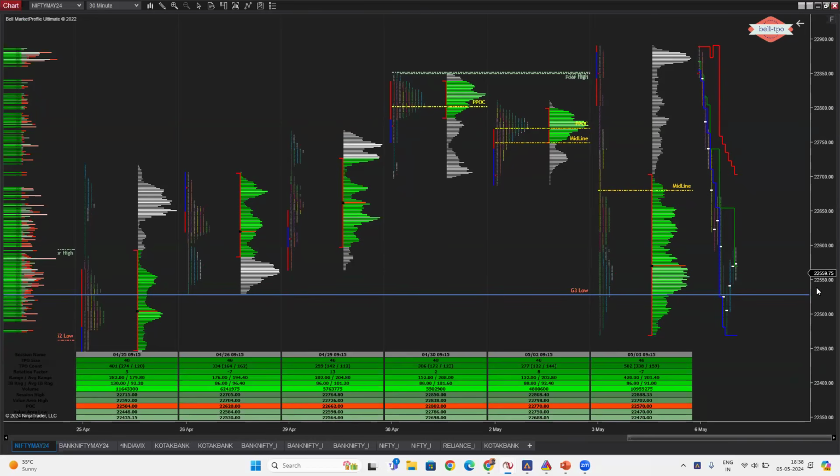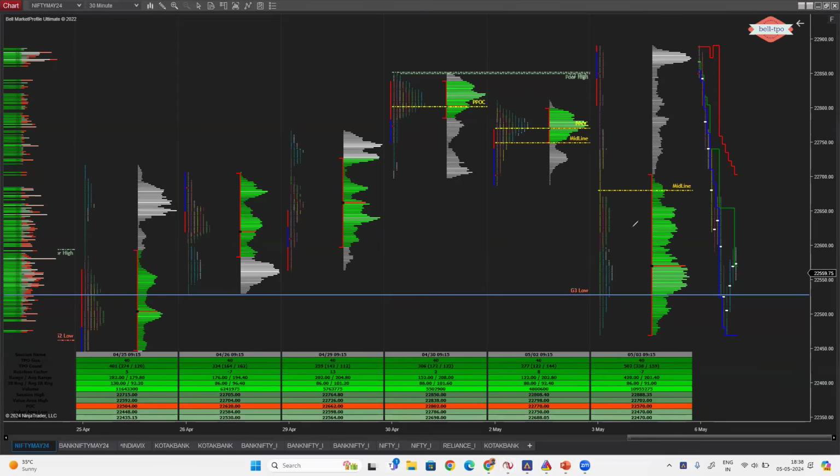So here you are seeing the Nifty futures market profile charts. What we are seeing here is last Friday's activity. Every day we will be getting the market profile structure. This is last Friday's price action.